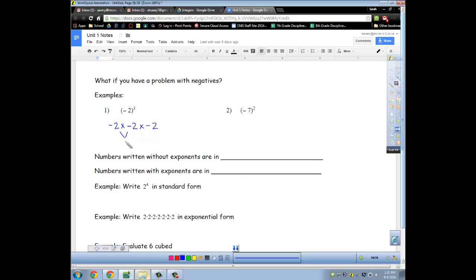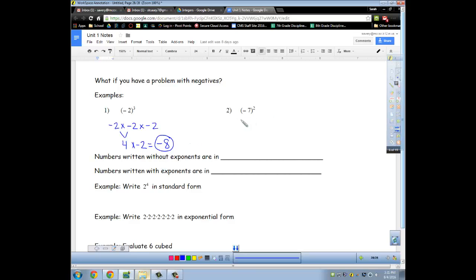Negative times negative is a positive because those negatives cancel each other out. So 2 times 2 is 4, and negative times negative is positive, so positive 4. Bring down this times negative 2. 4 times negative 2 is going to give me a negative 8, since they're different signs. So anytime you have a negative as your base and your exponent is odd, your answer will actually be negative.